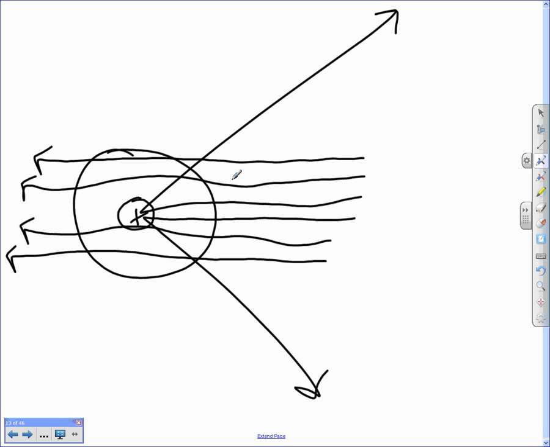If you guessed right, it would be the nucleus. We didn't necessarily know that the nucleus existed. We had no idea that there was this strong positive charge in the center of an atom. So Ernest Rutherford is credited with the discovery of the nucleus through his gold foil experiment.